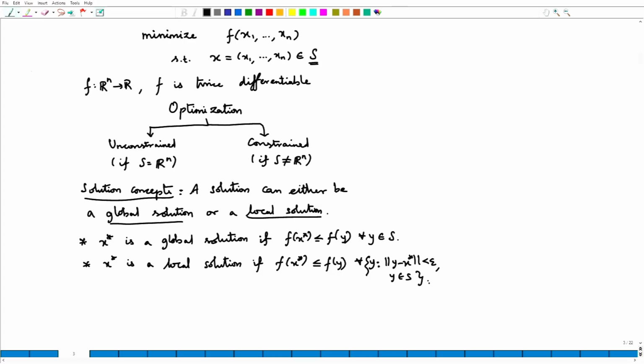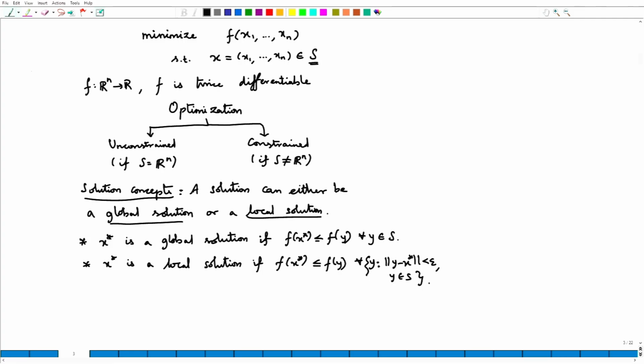What this means is that look at a ball around x star and verify whether within that ball, f of x star is less than or equal to f of y. The ball must also intersect with the set S. It is easy to see that every global solution should also be a local solution, but the reverse is not true.